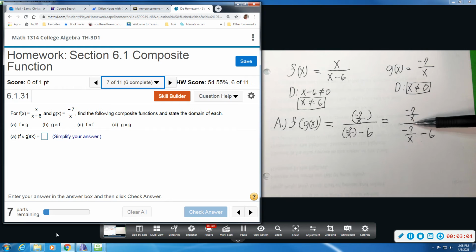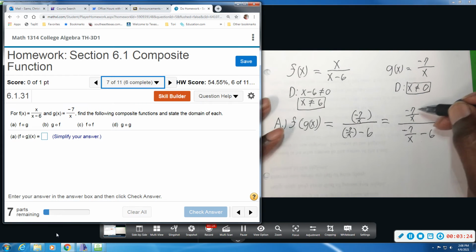There's a denominator in the numerator, which is x, and there's a denominator in the denominator, which is x. So if you have fractions like this, you're going to find what we call the least common multiple of both the top and the bottom. And in each case, it's x. To fix this, we're going to multiply this expression by x on top and x on bottom, so that it looks neater.